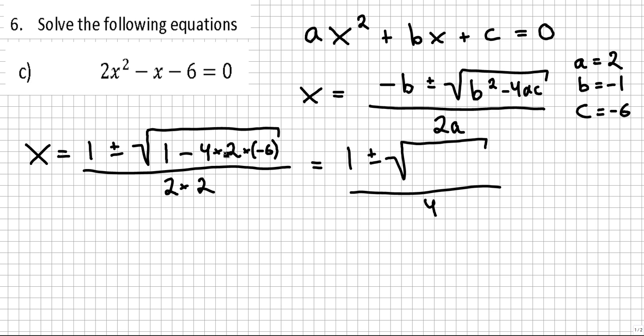1 minus, so let's do this, minus 4 times 2 times minus 6, so it's going to be positive, because minus 4 times minus 6 is going to be plus.